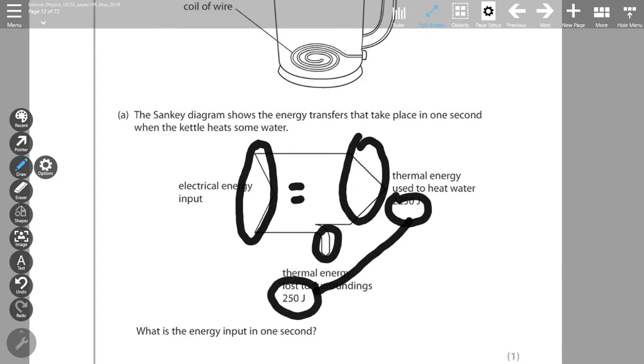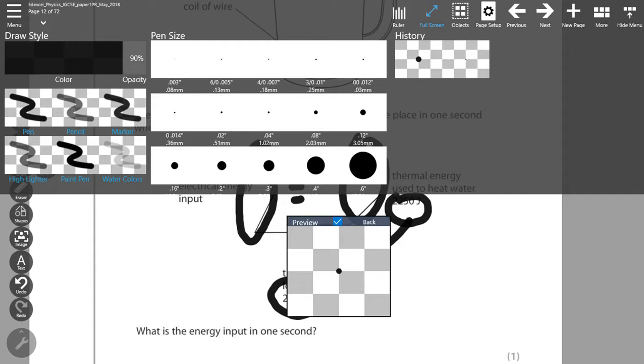I should make the marker a bit smaller. Let's say it like this.